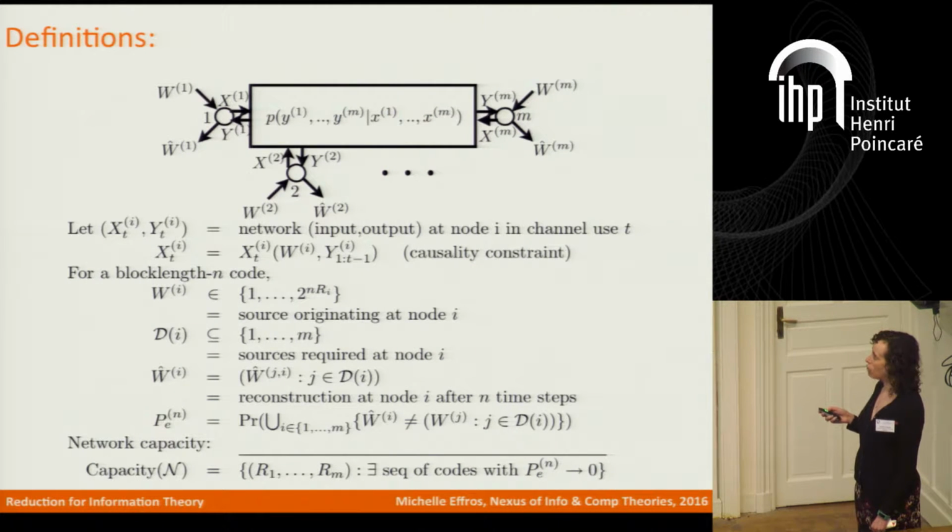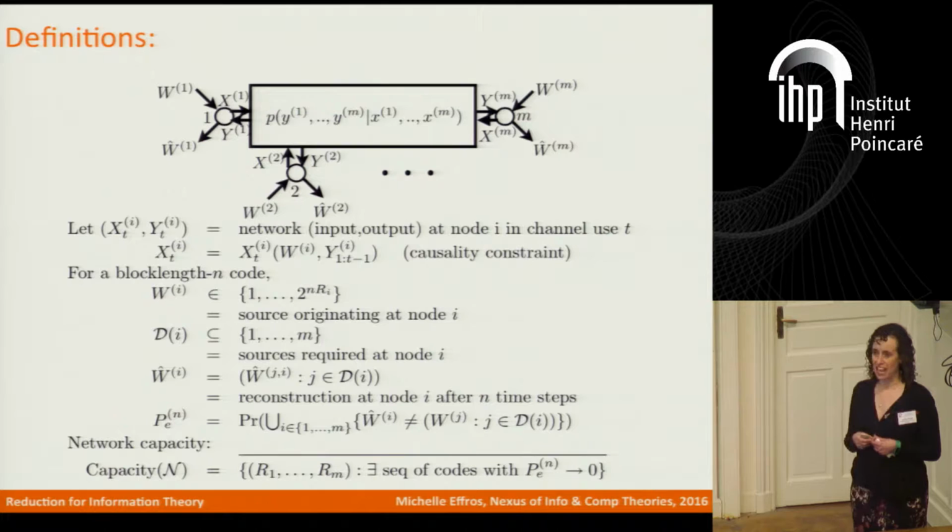So D_i will denote which subset of the sources from other nodes he's interested in reconstructing. So if I have, say, j in this set D_i, it means that node i is interested in reconstructing the message from another node j. And w_i hat will be the node i's reconstructions of all of the sources that he has demanded. And we'll calculate the probability of error as the union of the probability that any of our nodes get any of the messages that they're interested in reconstructing wrong.